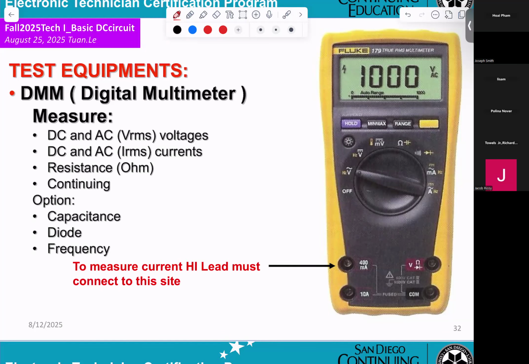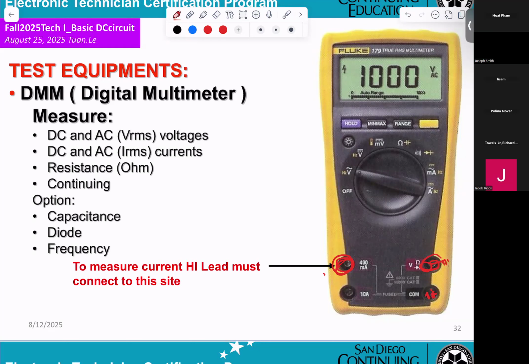However, basically the same. If you're looking at the meter, you get two connectors right here. One here and one here. On the right side, you measure the voltage. On the left side, measure the current. Okay? And the other one will be the common route.